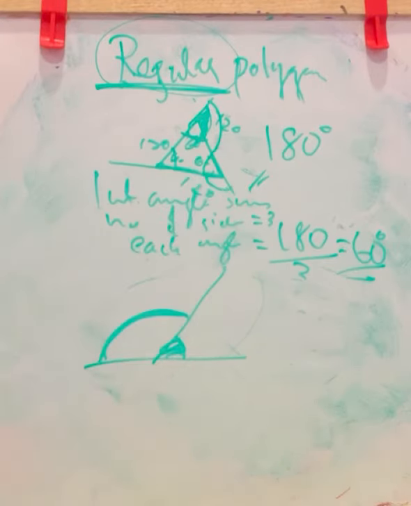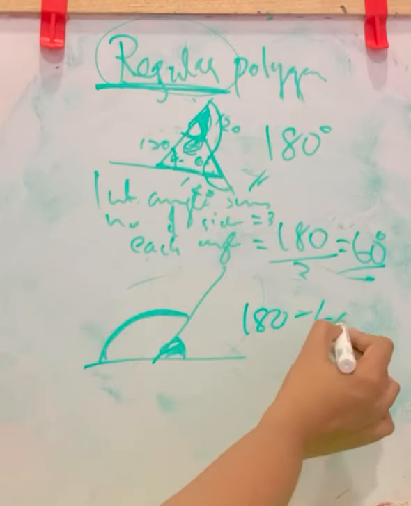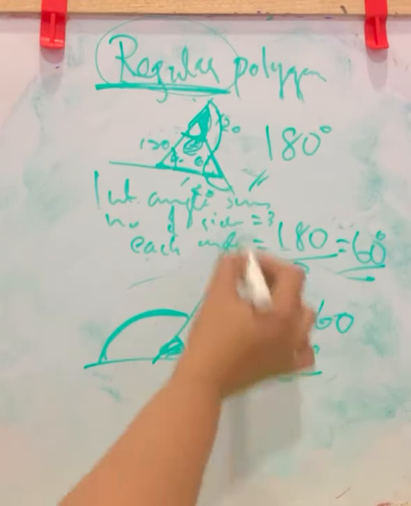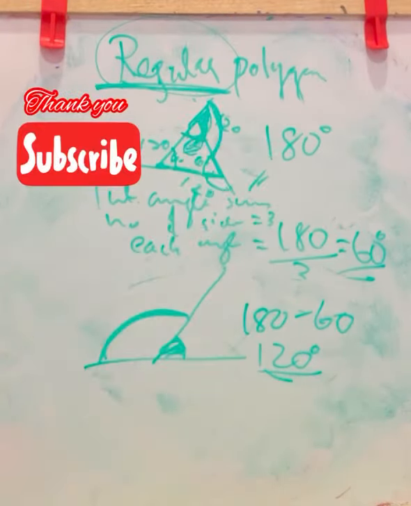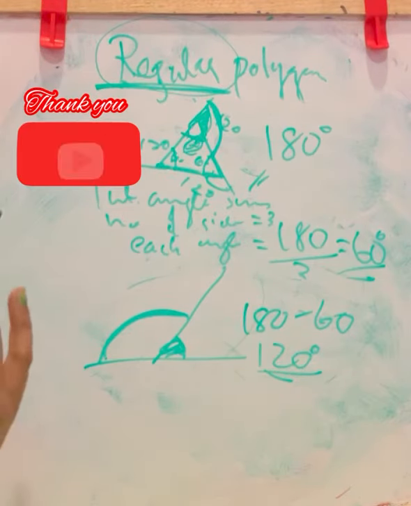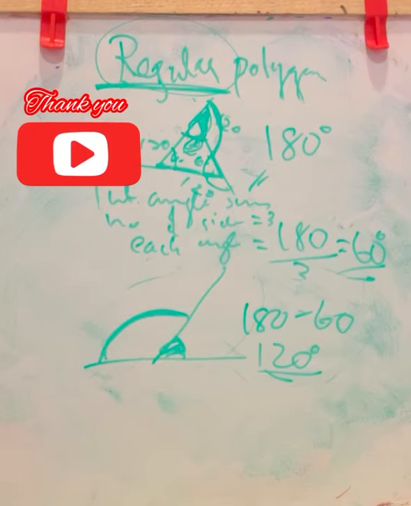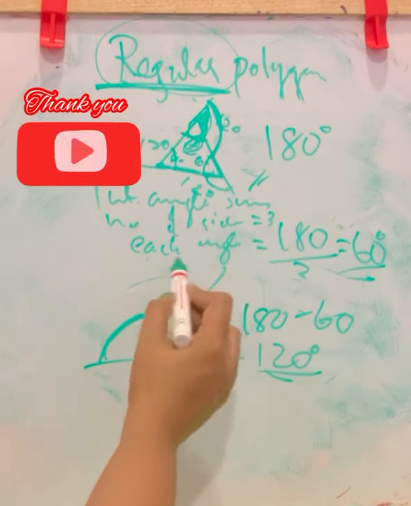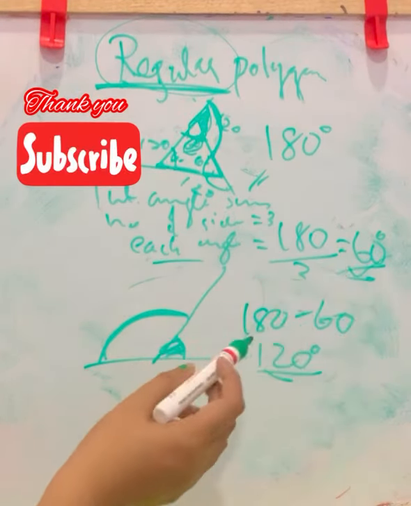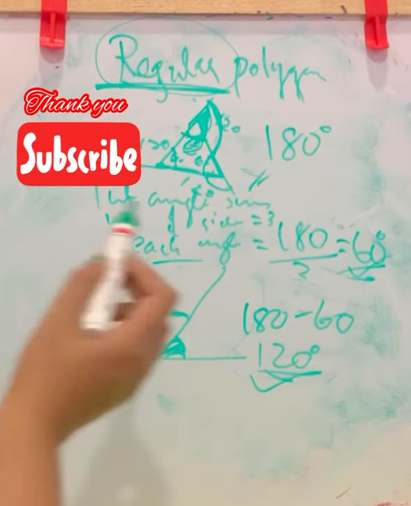So, maximum exterior angle means it must be an equilateral triangle and we know the interior angle is 60. So, 180 minus 60, that is 120 is the maximum exterior angle formed in a regular polygon. That is, the smallest regular polygon is the equilateral triangle. That is why we got minimum interior angle as 60 and maximum exterior angle as 120.